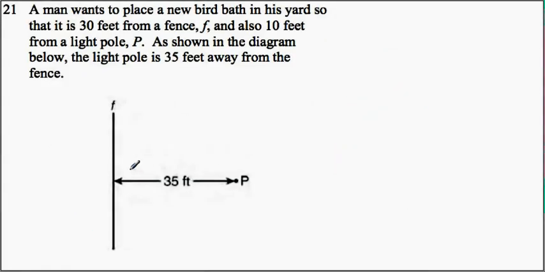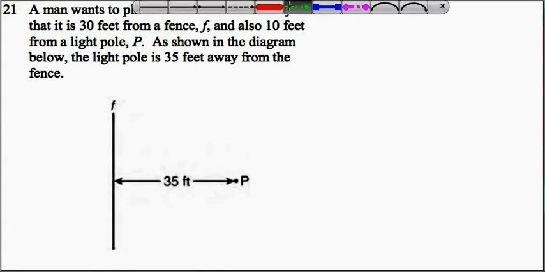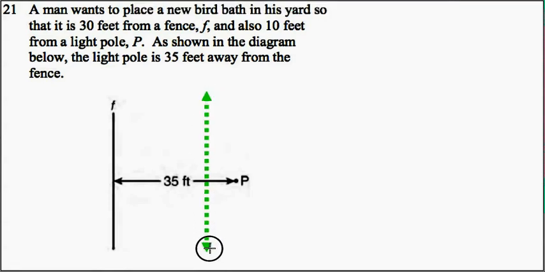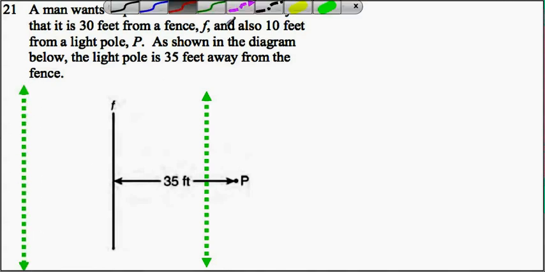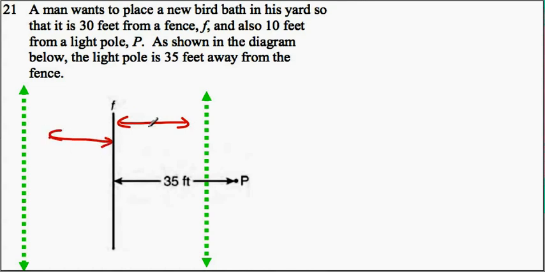Now number 21. A man wants to place a new bird. So we are looking at 30 feet from the fence. That means we are looking at around here somewhere, where the distance has to be 30 feet. Now, also 10 feet from the light pole.